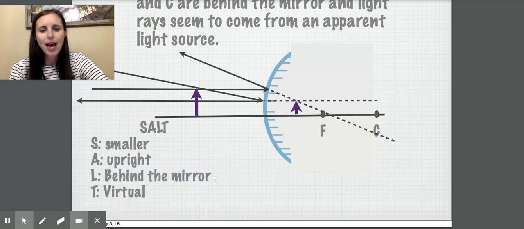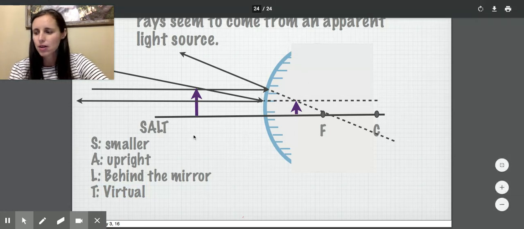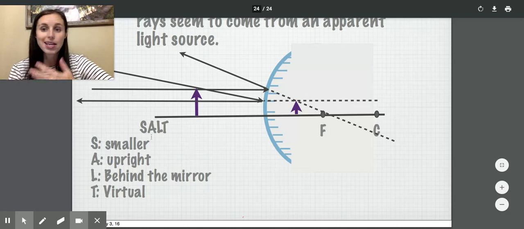And again, remember, anytime I'm behind the mirror, anytime that I'm dealing with apparent light sources, those dotted lines, I'm dealing with a virtual image. So in this case, we say that we've got a virtual image because I've got those apparent light sources. This is true of any object in any diverging mirror. So anytime I'm dealing with my diverging or my convex mirror, this is always going to be my result for those situations.